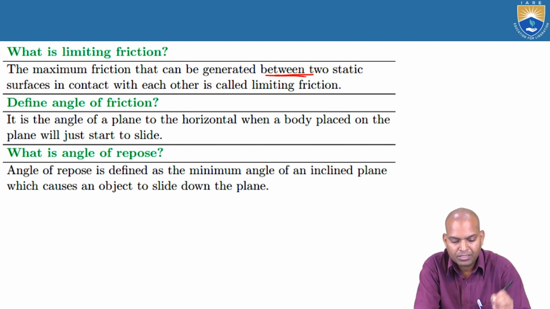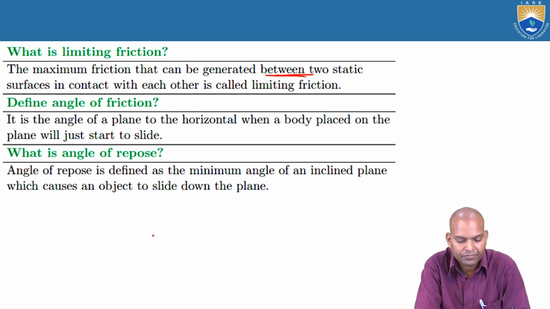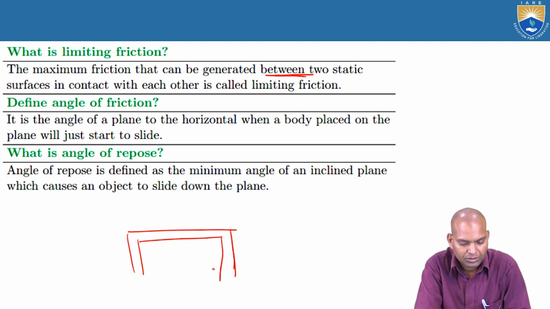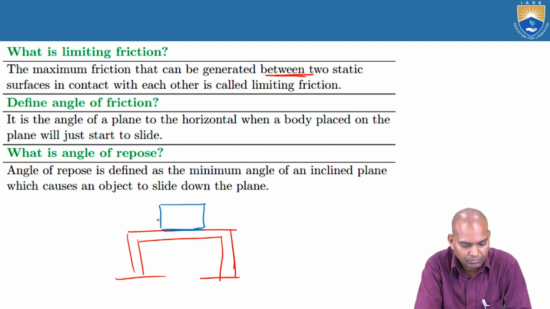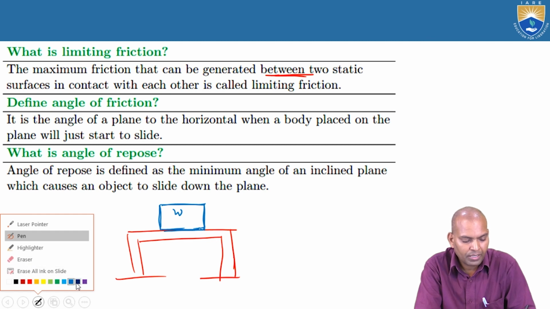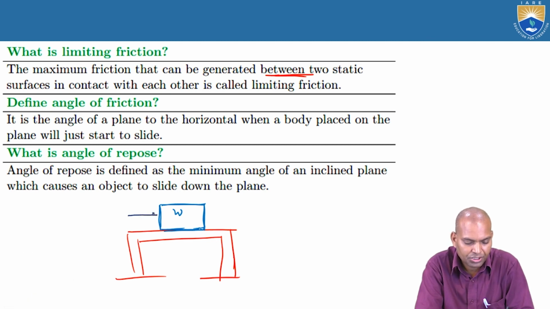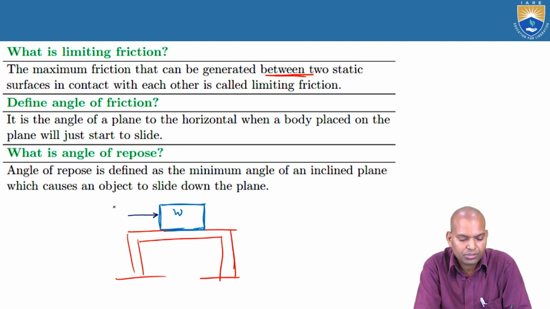The best example for limiting friction is a table. On the table, you keep a load, this is W. When the load is applied, you apply a force in this direction, with some value F1.